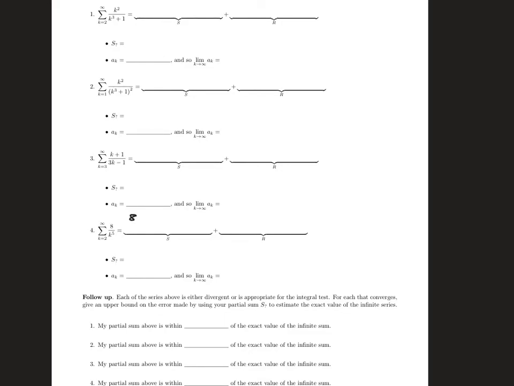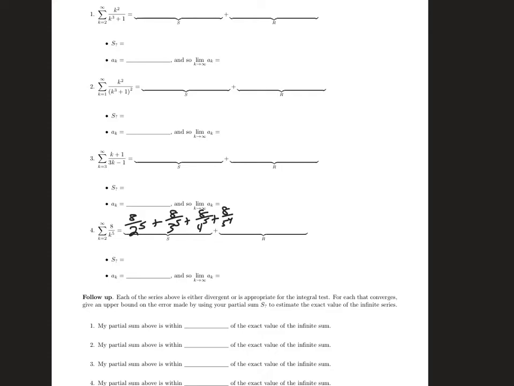So first 4 terms, I'll have 8 over 2 to the 5th plus 8 over 3 to the 5th plus 8 over 4 to the 5th plus 8 over 5 to the 5th. So those are my terms.